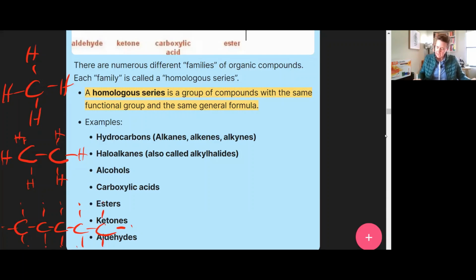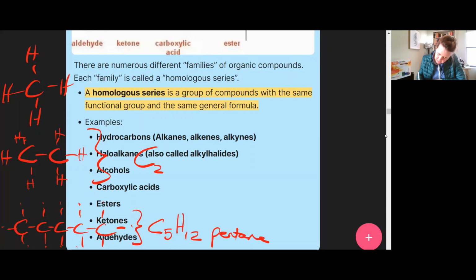So if we just write the molecular formula for this down, this is 5 carbons, and we said 12 hydrogens, right? That is for pentane.